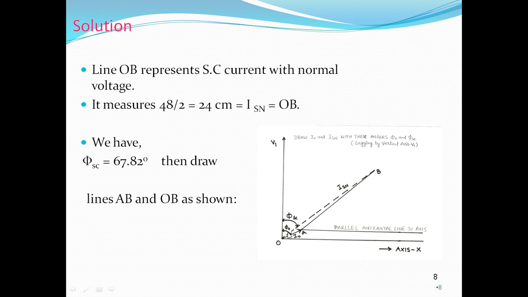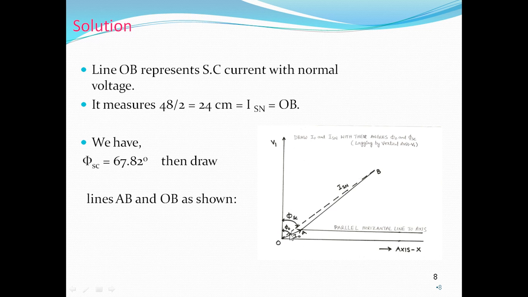We have to draw OB at an angle of phi s, that is 67 degrees, that is OB. So now join A and B and draw a parallel line from point A parallel to OX, that is OD, as shown in figure.